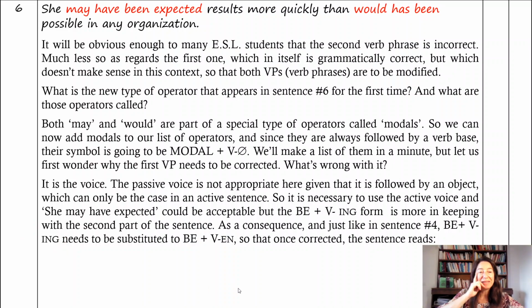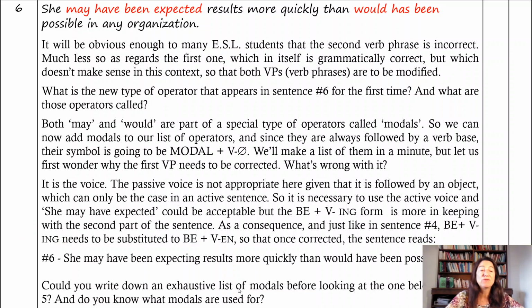So let's do that. And now the sentence reads, she may have been expecting results more quickly than would have been possible. And actually we knew that the passive voice was not possible here because you cannot use the passive voice and then add an object. If you want to add the object, you need to use the active voice.